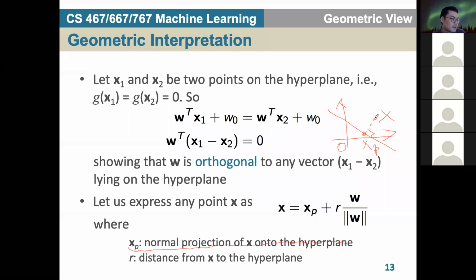So x is equal to xp plus this vector. What is this vector? It is along the direction of w, which is perpendicular to the line, but w may not be a unit vector and may have some magnitude. You divide by the magnitude to get a unit vector, then multiply by r. So the distance from x to this hyperplane is r. Any questions?